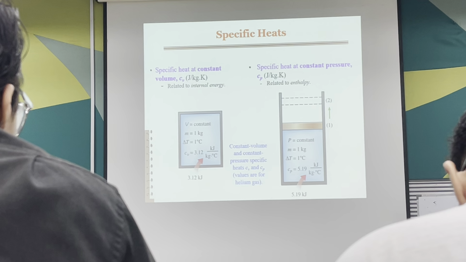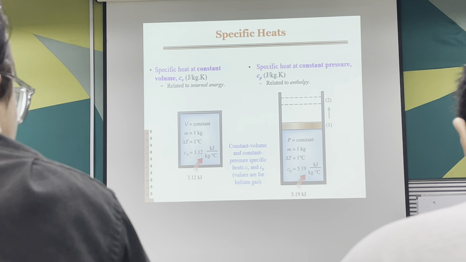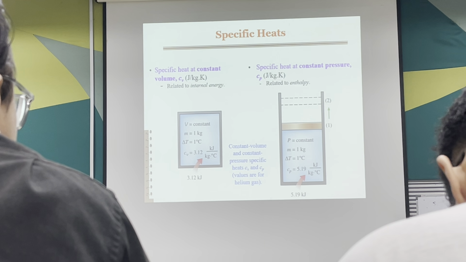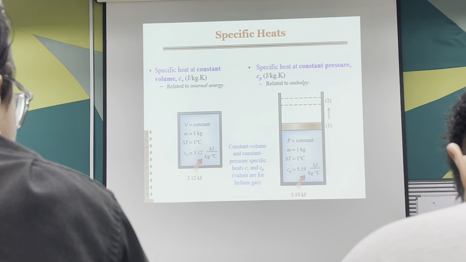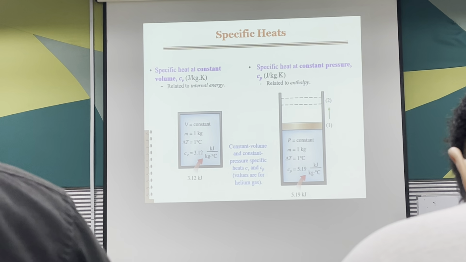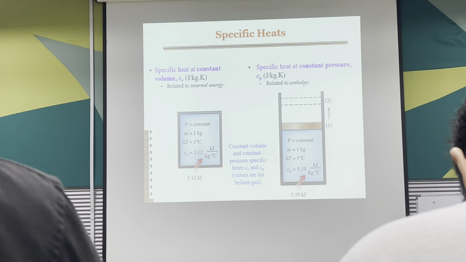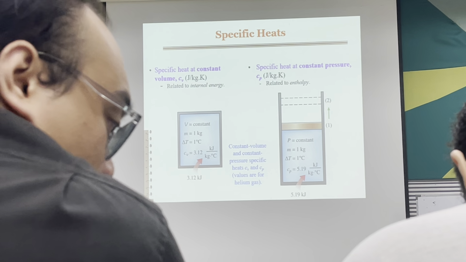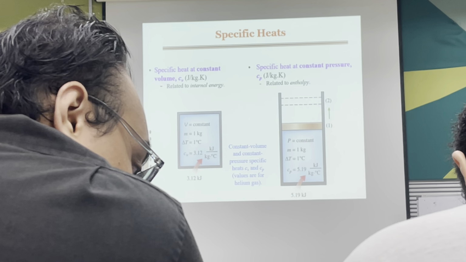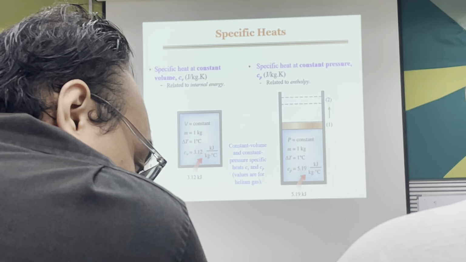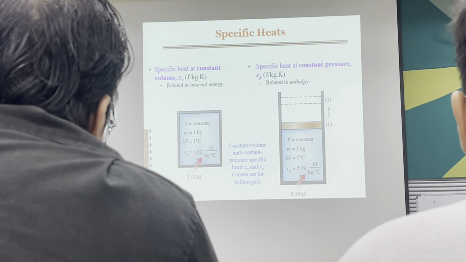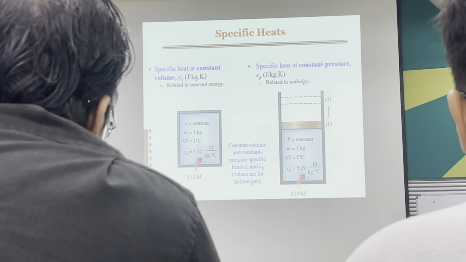Okay, if you look at the left hand side, specific heat at constant volume. Very straightforward: Cv, volume, so V. The other side, specific heat at constant pressure, so Cp, because pressure. When you talk about specific heat at constant volume, logically you can think about a rigid tank, because volume doesn't change, right?